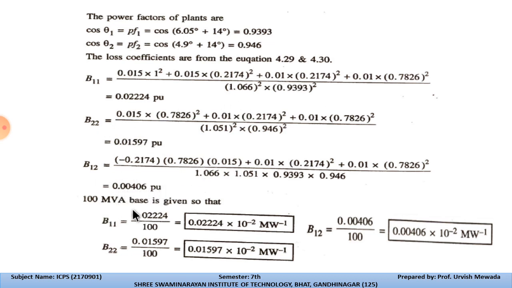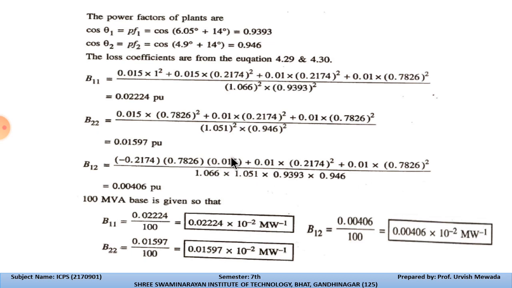Now 100 MVA base is given, so B11 is equal to 0.02224 divided by 100, so it is 0.02224 into 10 raised to minus 2 megawatt inverse. Then B22 is 0.01597 divided by 100, so it is 0.01597 into 10 raised to minus 2 megawatt inverse, and B12 is again 0.00406 divided by 100, so it is 0.00406 into 10 raised to minus 2 megawatt inverse.